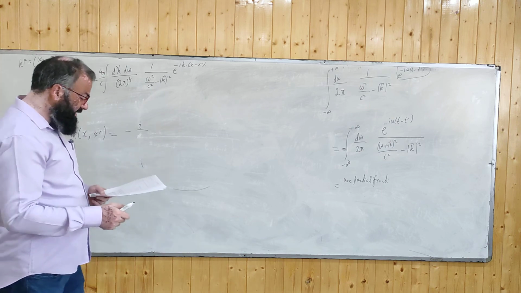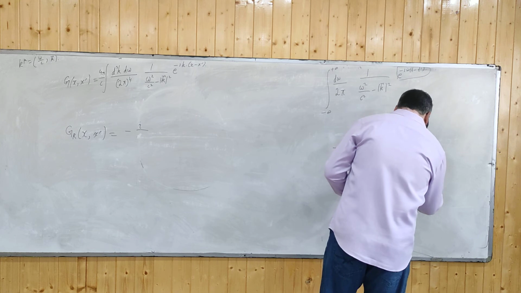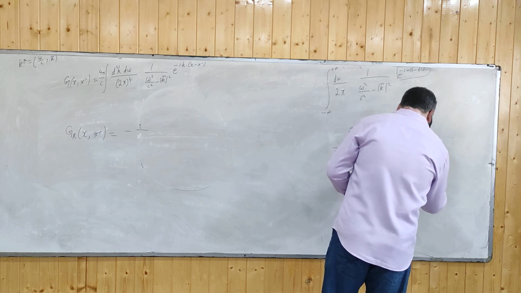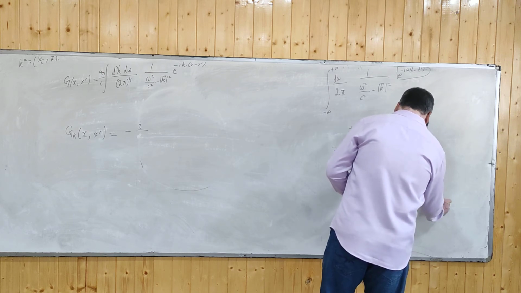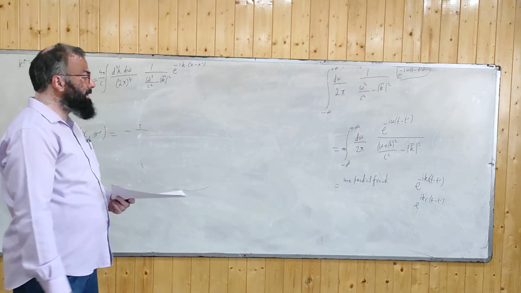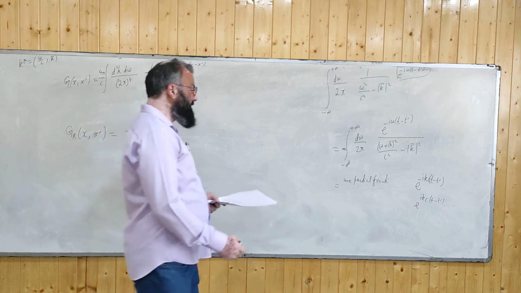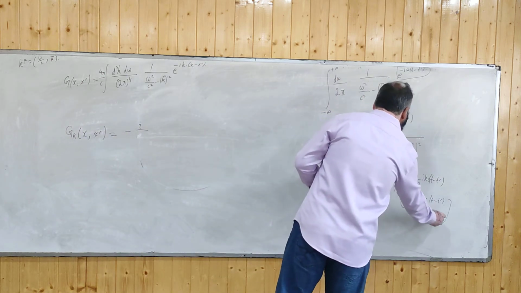So the integral will be of the form where one term is e raised to minus i kc (t minus t prime), and another part is e raised to i kc (t minus t prime), divided by k, so there will be 1 by k, like this.